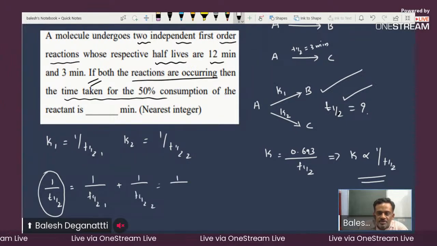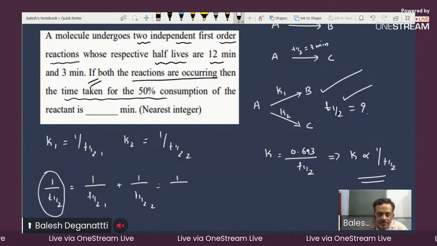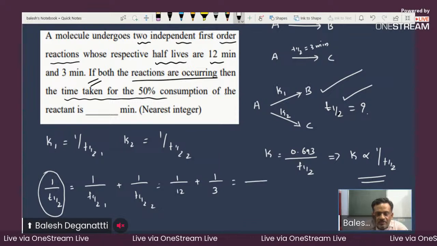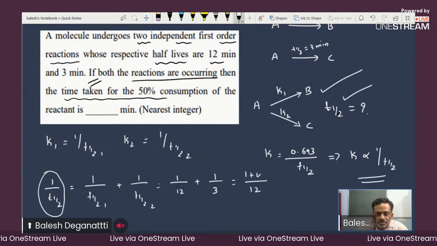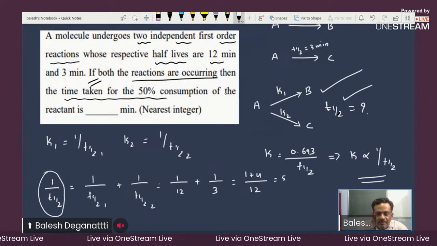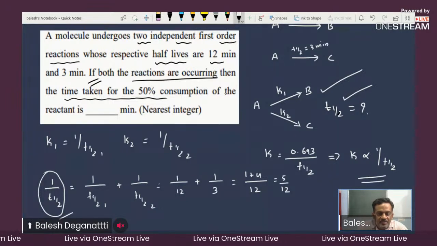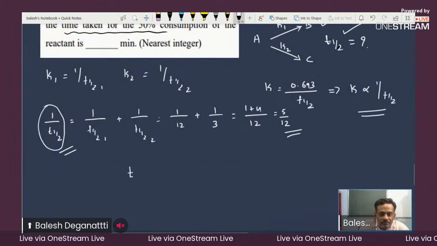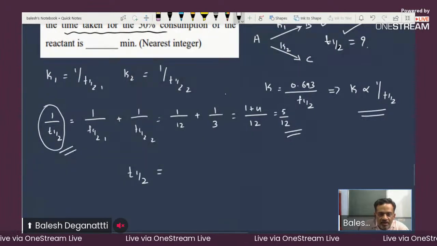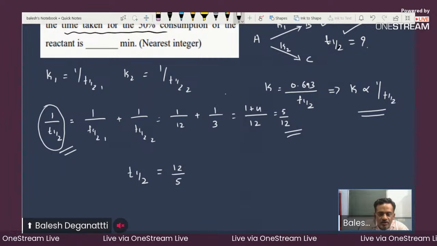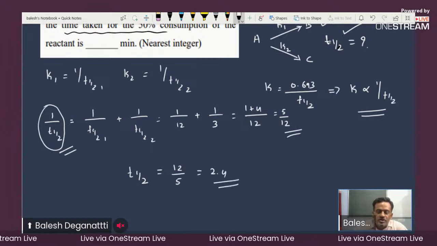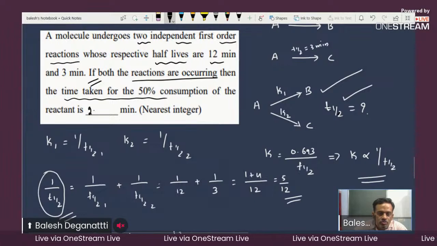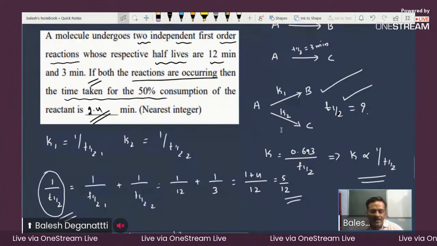So for the first one it is 12 minutes. Plus for the second one it is 3 minutes. So that will be 12. 1 plus 4, that will be 5 by 12. So 1 by T half is 5 by 12. So therefore the T half of this parallel reaction would be 12 upon 5, which would be 2.4. So 2.4 minute would be our answer.